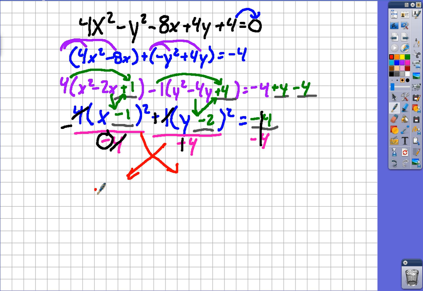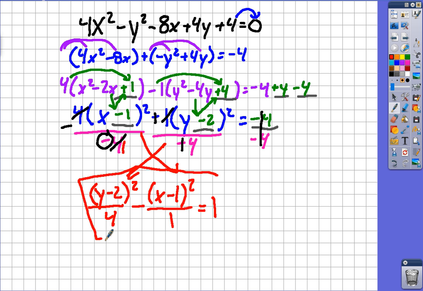We're going to go ahead and say y minus 2 quantity squared over the 4 minus, there's the minus right there, minus quantity x minus 1 squared over, now 4 divided by 4, that should have left us a 1, shouldn't it? So over 1 equals what? Yep, always equals 1. So there's our equation.